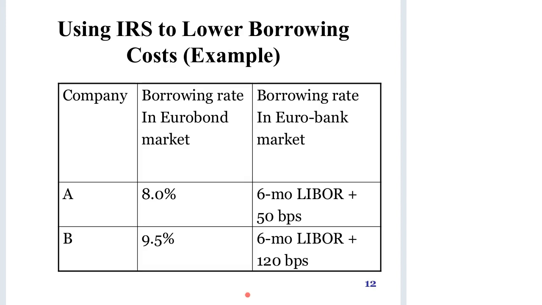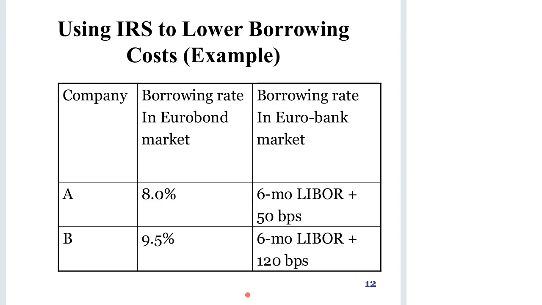So what I'm going to do as a market maker or a dealer is tell A that, look, you want a floating rate loan, which means you are ready to pay 6 month LIBOR plus 50 basis points. Similarly, B wants a fixed rate loan, therefore you are ready to pay 9.5%.